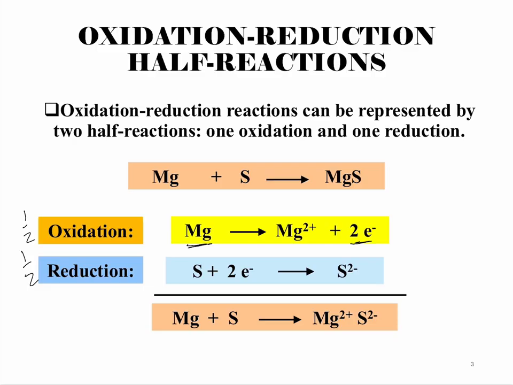And then the net reaction, which gives us our redox reaction, is the sum of these two. So this is the redox reaction for the entire system, but we can analyze it in terms of the half reactions, one being the oxidation and the other being the reduction.